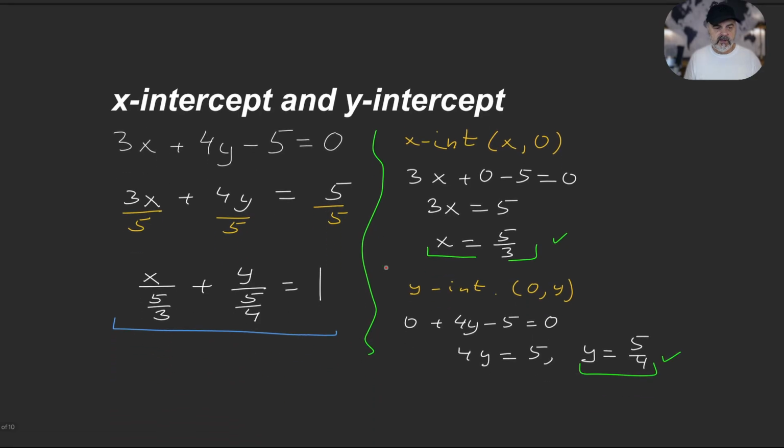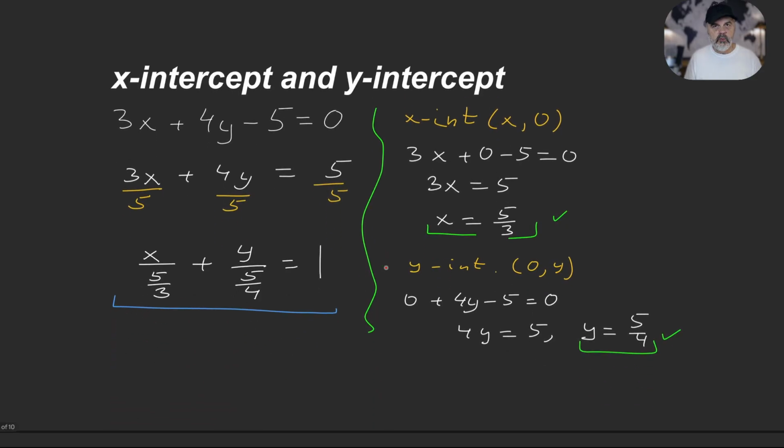Now, if a line intersects the y-axis, most lines, except for the horizontal line, also would have an x-intercept. So there is a way of finding the x-intercept and y-intercept using a standard equation of a line. Let's say we have the same equation again to work with to find the x and y-intercept.